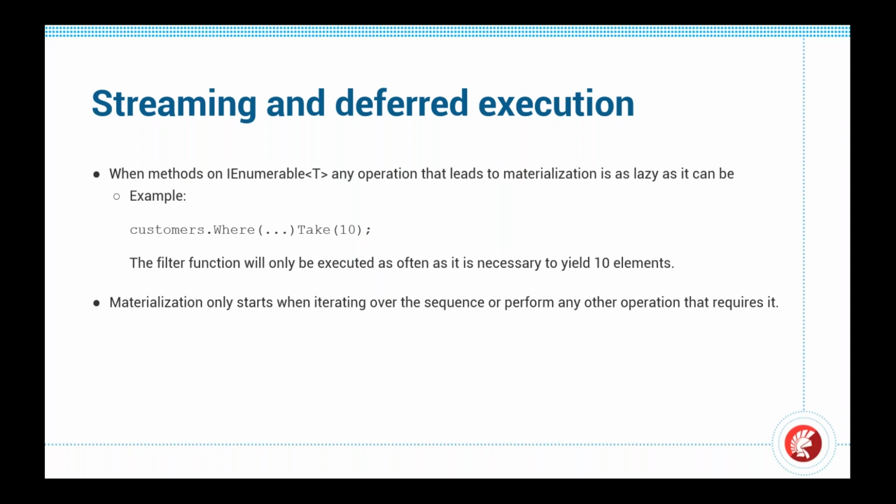If you have like 1,000 customers and many of them would have this number of total orders, and I only take 10 of them, this filter delegate is only executed as often as it needs to be to yield the 10 elements. And as I said, think of an enumerable as a query of something: the materialization of any items that might sit behind it only starts when I iterate over it, or if I call some method that requires this operation.